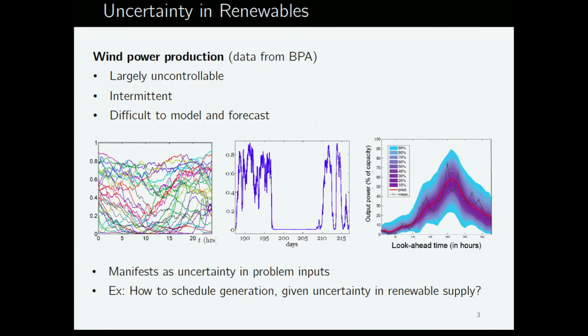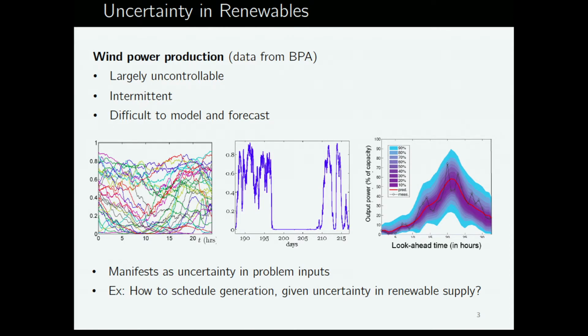You can see that there's huge day-to-day variability in the power production profiles from wind. This trace again represents power produced from wind in the Pacific Northwest over multiple weeks, and what you can see is that at some point wind just dropped and was totally absent for about 2 weeks.